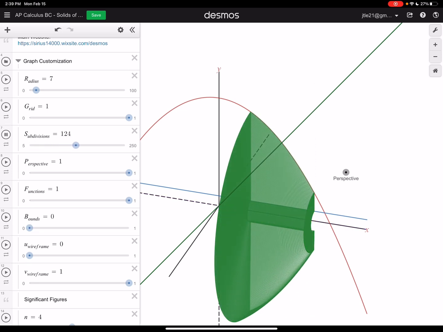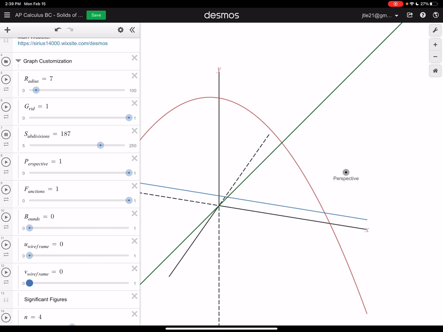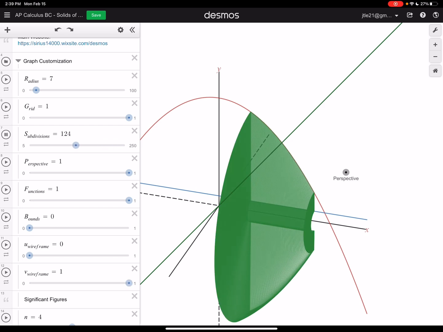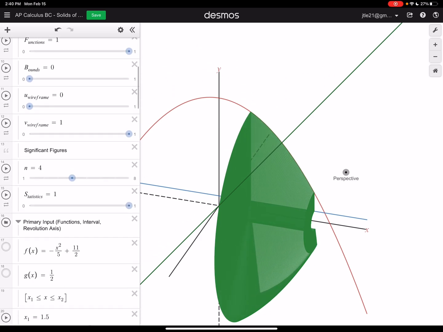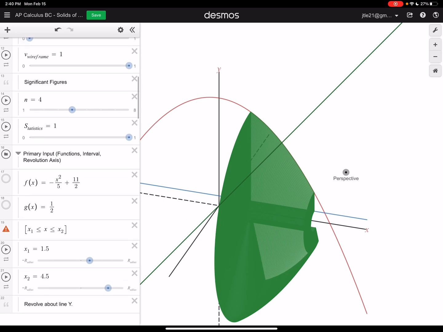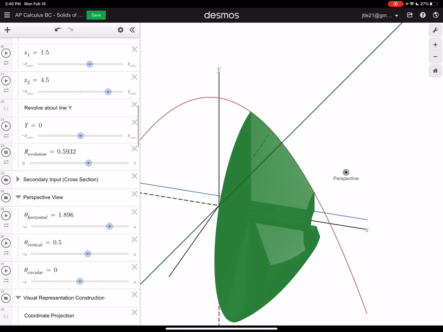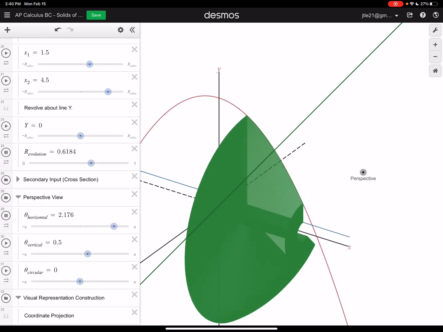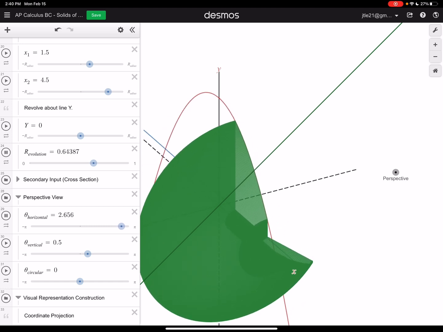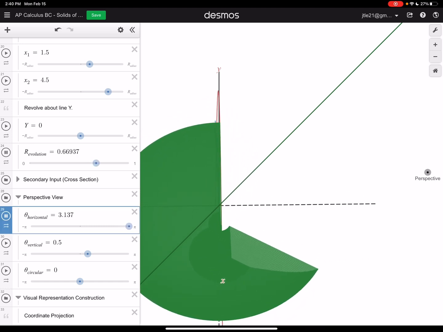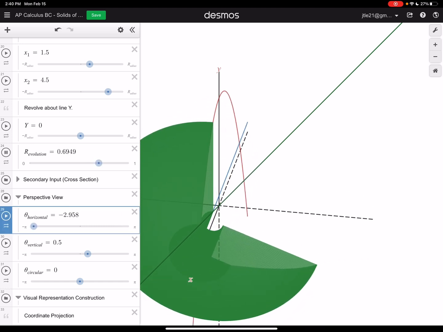So when I keep rotating this, let me pause that for a second. If I rotate this, you'll see that they're kind of in a Pac-Man shape, right? But you're slowly wrapping it all at once.